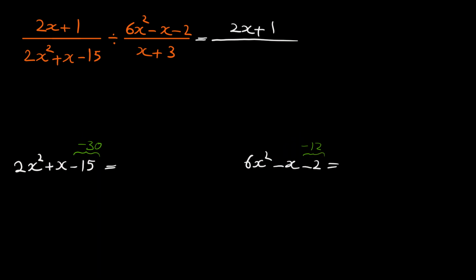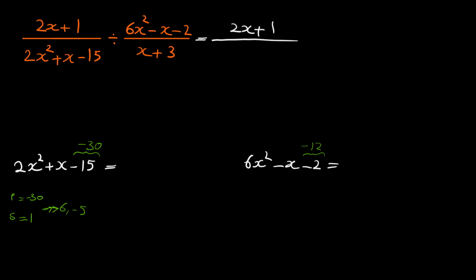So we want to find two numbers whose product is negative 30 and whose sum is 1, because the coefficient of x here is 1. Those numbers are 6 and negative 5. 6 times negative 5 is negative 30. 6 plus negative 5 is 1.